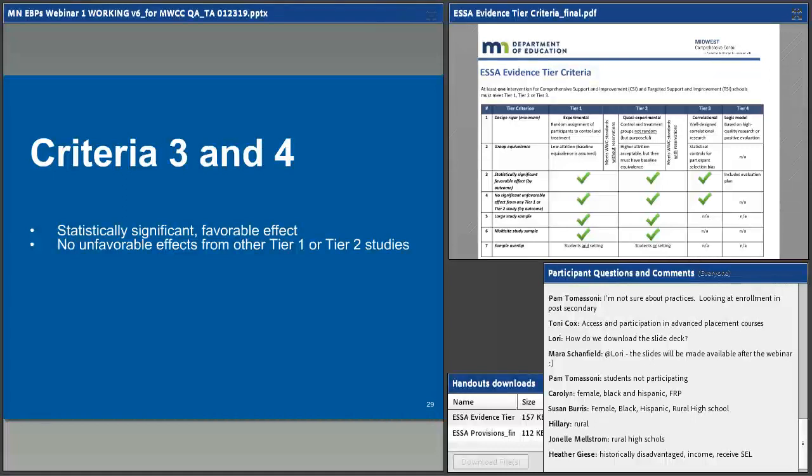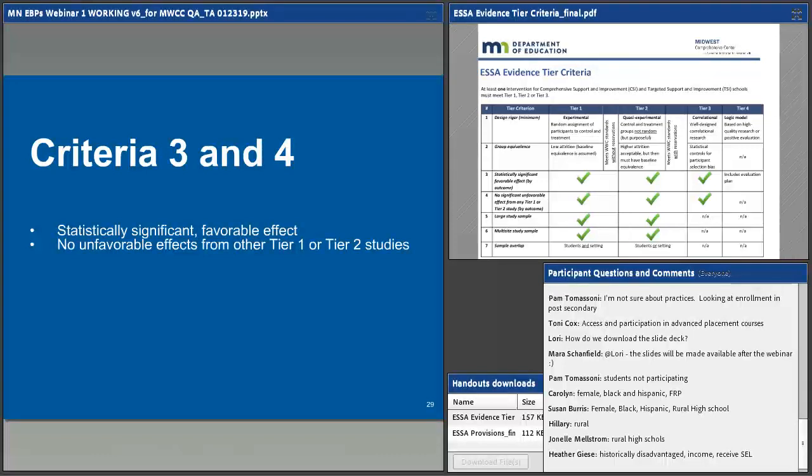David, sure. We had one question: is there one evidence base in the SIP, or one evidence base in the SIP for each area identified? Yeah, so the clarification is that for any single school that has a CSI or TSI rating, you need literally one and only one practice to be implemented for that particular school or district.